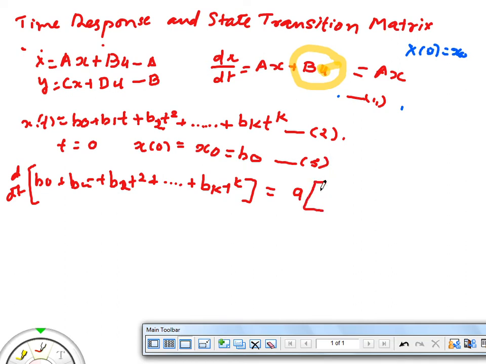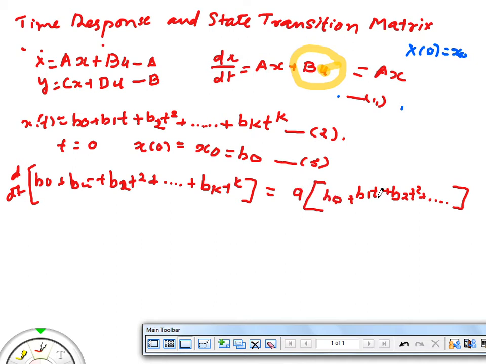What is x actually? x is equal to b0 plus b1 into t plus b2 into t square up to this term. We have just put the value of x of t over here, and we have put the value of A x. Here A is the simple variable only.